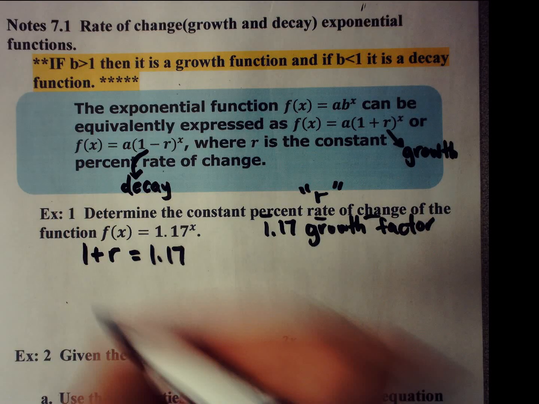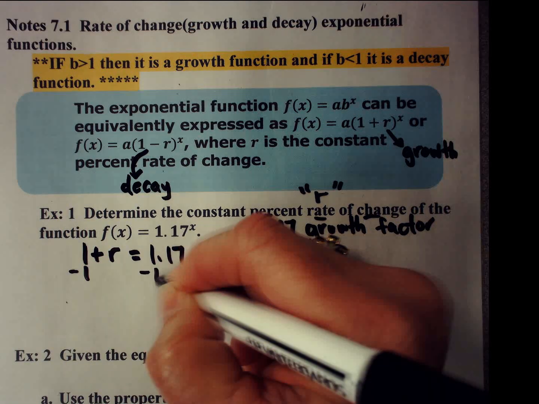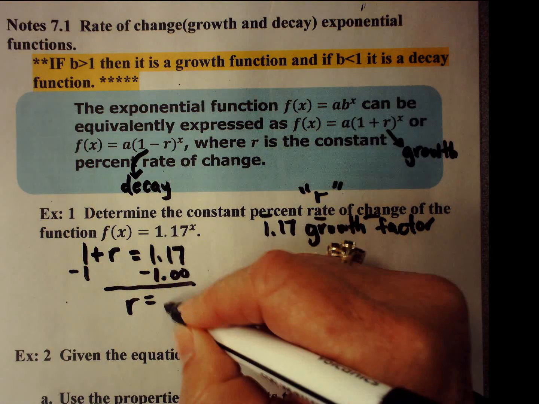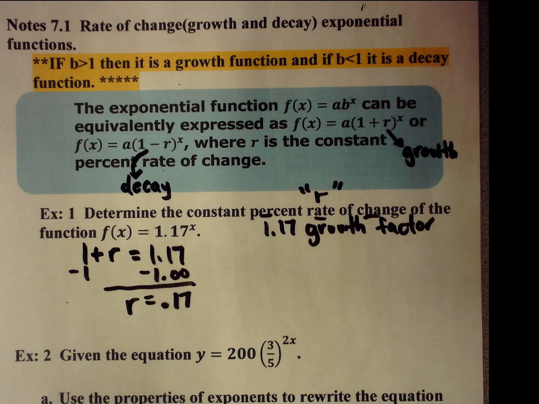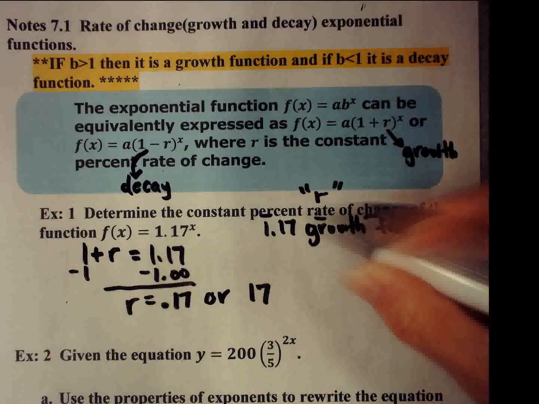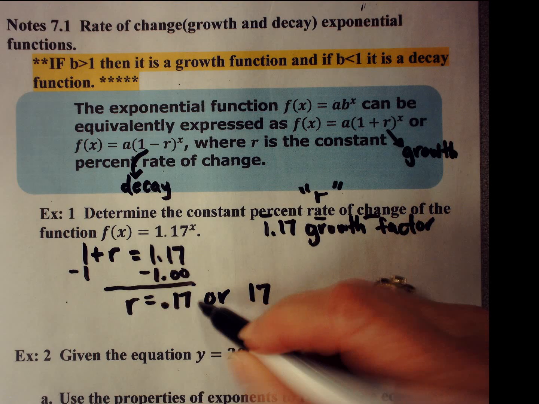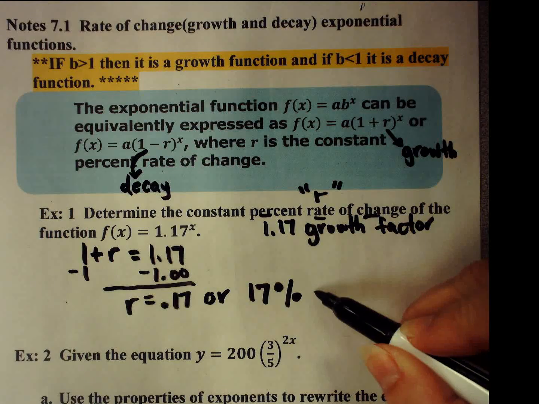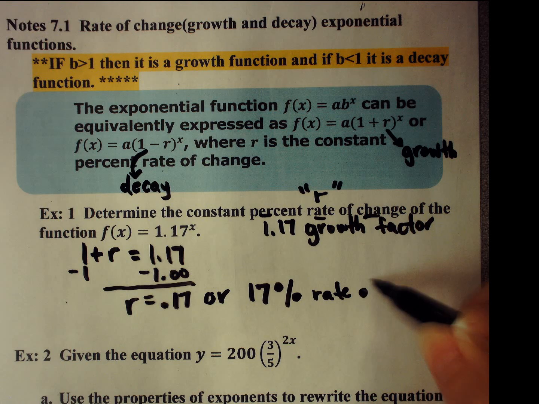So if we subtract 1 and we solve for r, r is 0.17, or if you change it to a percent, because they want the percent, you have to move the decimal 2 places to the right. That function grew 17%. So this is the percent rate of change.